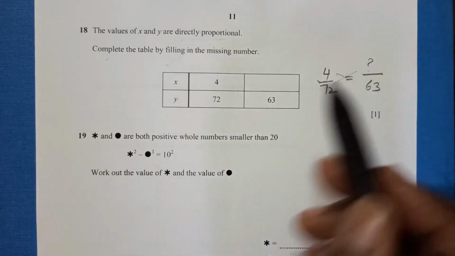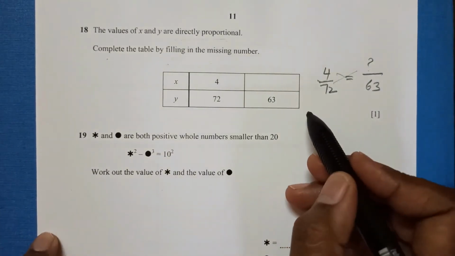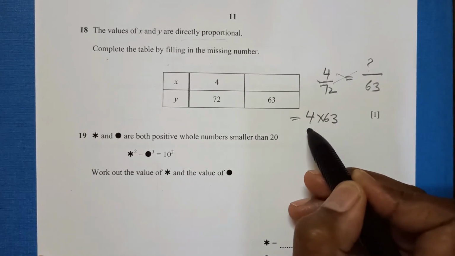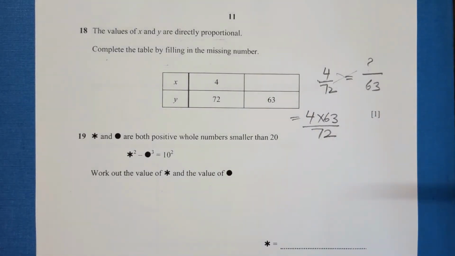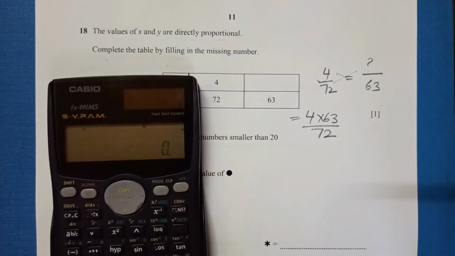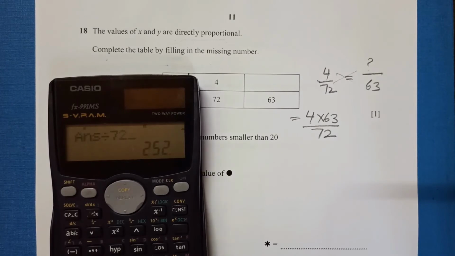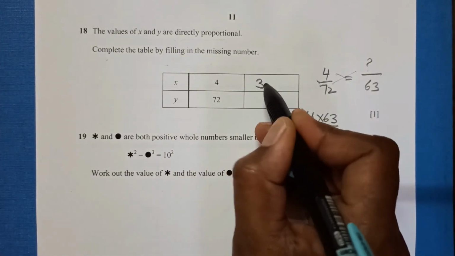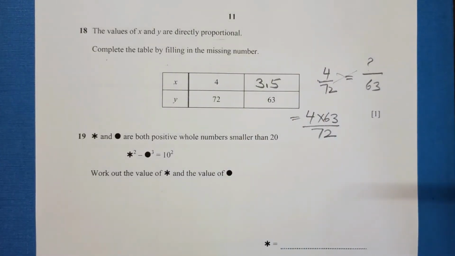Just cross multiply: 4 times 63 divided by 72. This is 3.5. So here it will be 3.5.